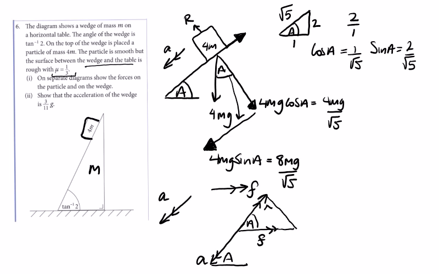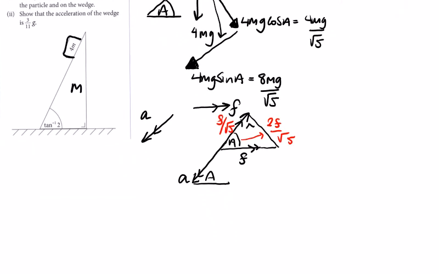So I'll just change color to make it more visible. On this side, opposite A, we're going to have the sine of A times f, and the sine of A is 2 over root 5, so we're going to have 2f over root 5 here, and we're going to have the cos version of it, 1f over root 5 on this side, f over root 5. So the acceleration of the particle is a minus f over root 5.